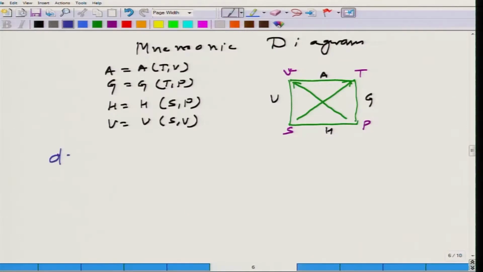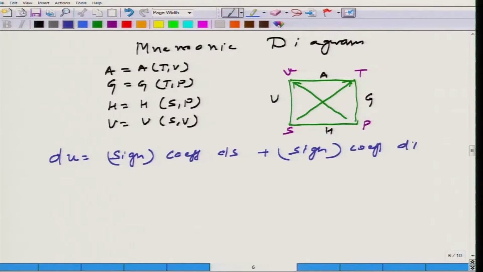So dU has a sign, then the coefficient, and the independent variables are V and S. So we'll start with dS, plus sign, coefficient, and dV. So what is the sign? For example, the sign in this case is given by this arrow.